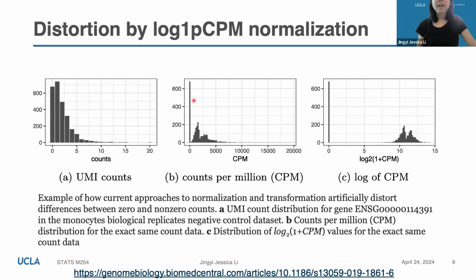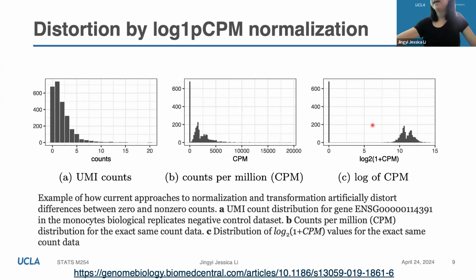And so every gene's counts are changed. And what happens is that 0 stays at 0, but non-zeros are changed into this distribution. So you see the gap between the two. Then you do log1p, CPM plus 1 and log 2. You see you have a further separation of the two distributions.